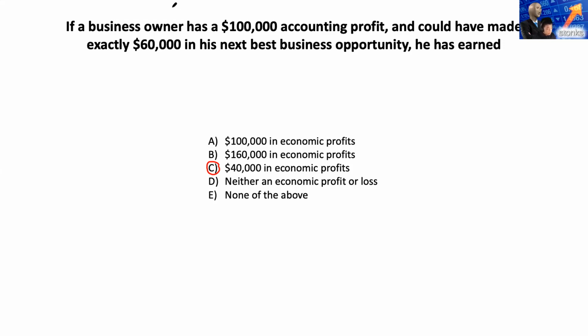For economic profit, since accounting profit already does not include explicit costs, now we just need to subtract implicit costs. So we subtract $60,000 from $100,000 and you get $40,000. I think I messed up somewhere, which ended up confusing you guys.